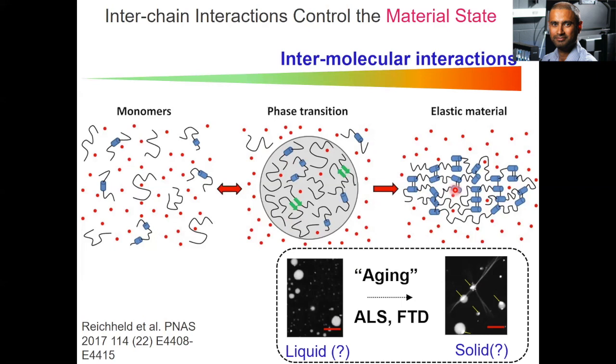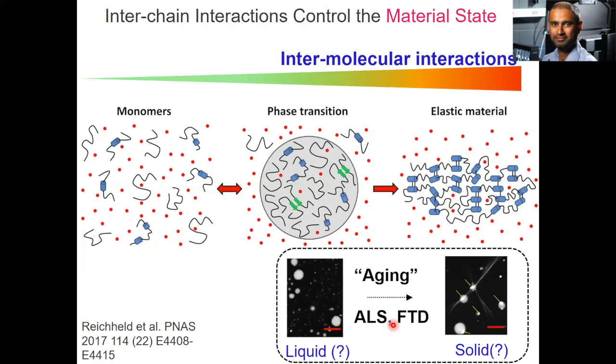From the perspective of phase transition, this irreversibility could be important because many cellular organelles are known to undergo a process called aging, which is a maturation process where a liquid-like organelle might actually go to a solid-like state. And there are some reports that suggest that this particular process might contribute to neurodegenerative disorders such as ALS and FTD.